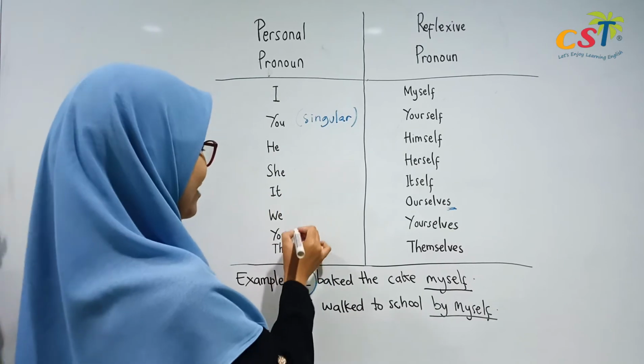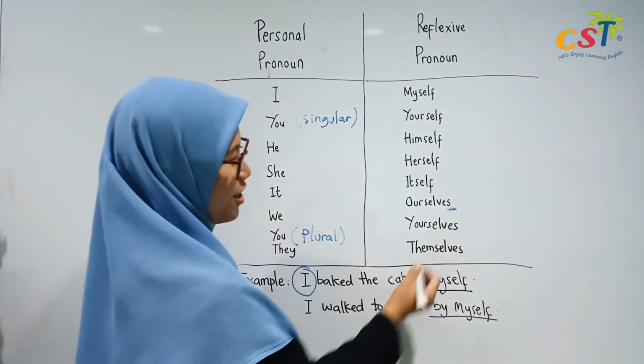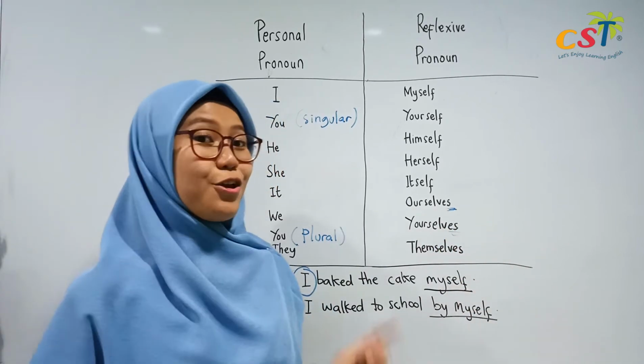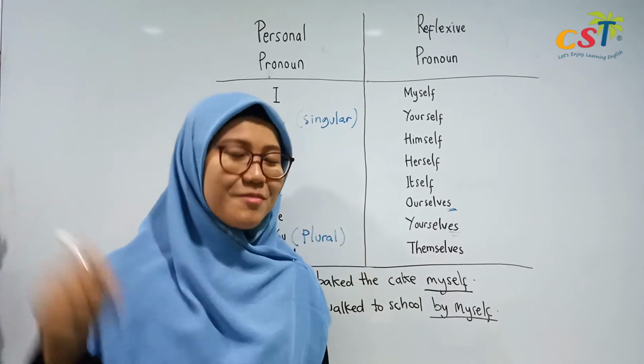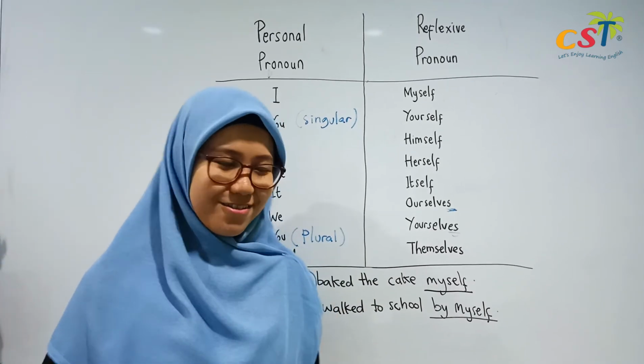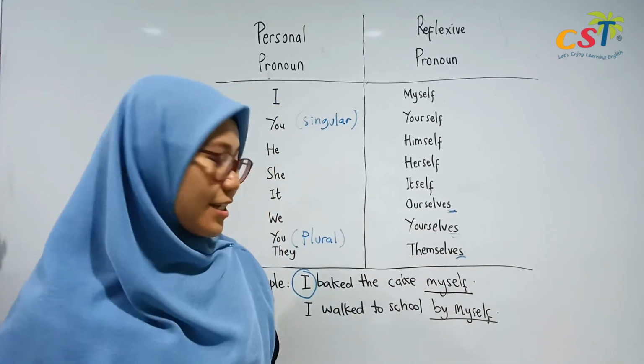Okay, so this is for plural. That's why we have to add es here, yourselves. And for this one, definitely they are more than one, right? So we use themselves.